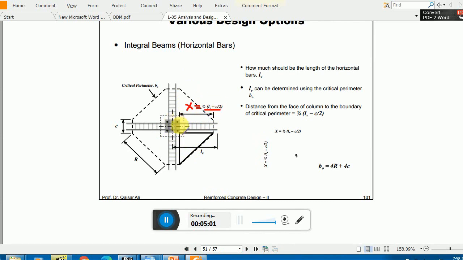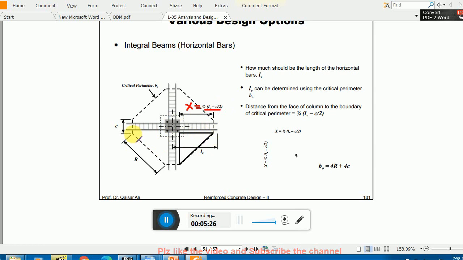C is the size of the column. If it is a square column, then all sides are C/2. But if it is a rectangular column, then it will be C1 divided by 2 and C2 divided by 2. In the case of a circular column, you consider it as D, the diameter of the column.